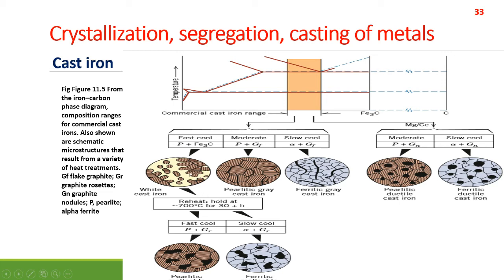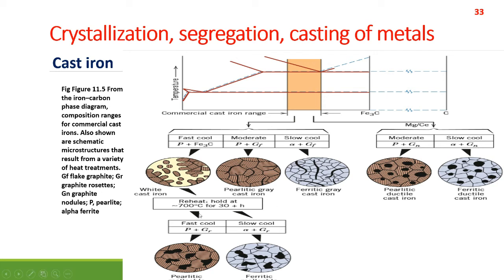If you reheat this white cast iron and hold it at 700 degrees Celsius for more than 30 hours, and after that do fast cooling, you will get a combination of perlite and graphite rosette.